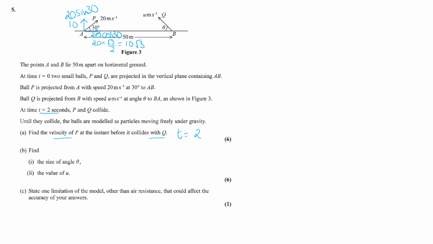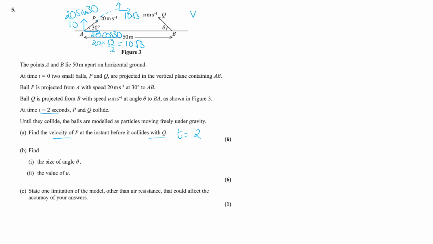Now when you're doing projectiles, the horizontal component remains constant, but what will slow it down is gravity. So vertically it'll slow down. So it's going to project, and 2 seconds later it's going to have the same horizontal component but vertically, because what's slowing it down is gravity, and that's going to be constant, so we can use our suvat.